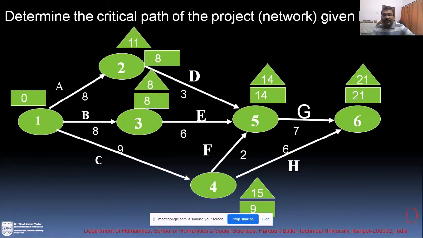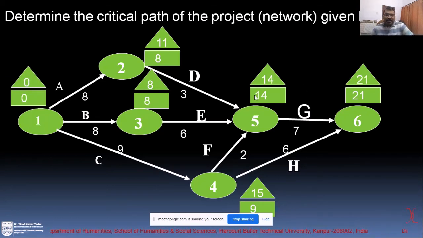This will be 8, this will be 11, this will be 0. Look at this: 14 minus 3 is 11, 11 minus 8, so it is, since it is the starting point, 0, obviously.